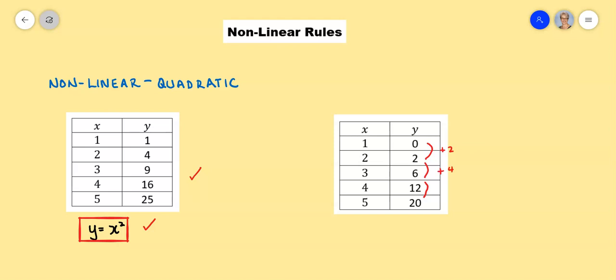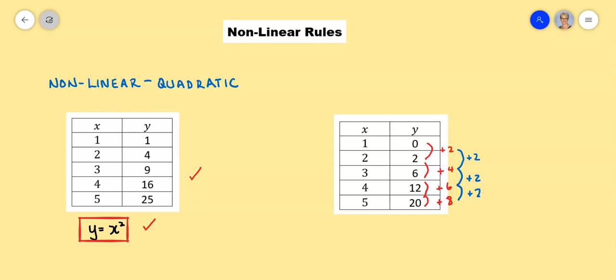From 6 to 12, we add 6. From 12 to 20, we add 8. So once again, we can see that pattern in the differences. The amount that y is increasing by is going up by 2 every time again.